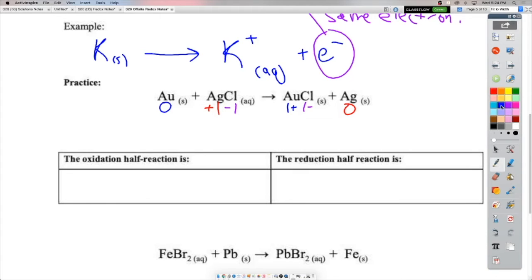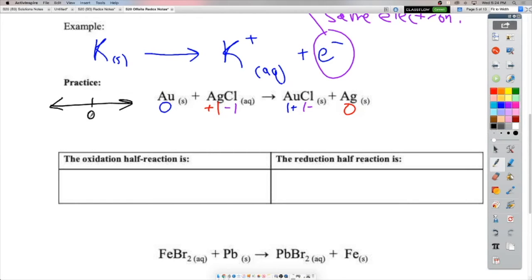Okay, so to write the oxidation half reaction, first we've got to figure out what was oxidized. Okay, and whatever was oxidized will have gotten less negative, right? Or more positive. Okay, although we don't like to say positive because we're always talking about electrons and they're negative. So if we look at gold, it went from 0 to 1 plus, right? 0 to 1 plus.